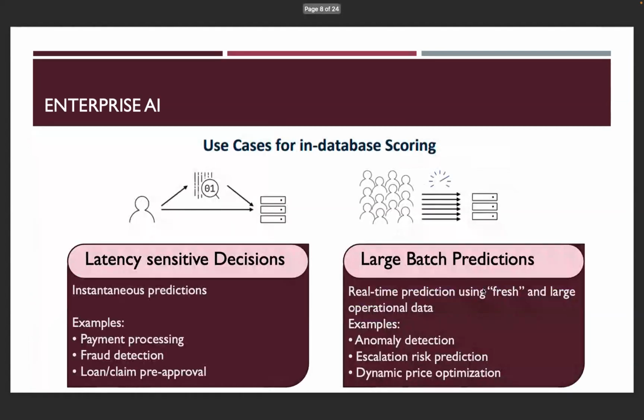And these are the use cases for in-database scoring. The first one is latency-sensitive decisions. Let's suppose I'm going to create a model for payment processing or fraud detection. When you work with payment processing, people use cards, right?